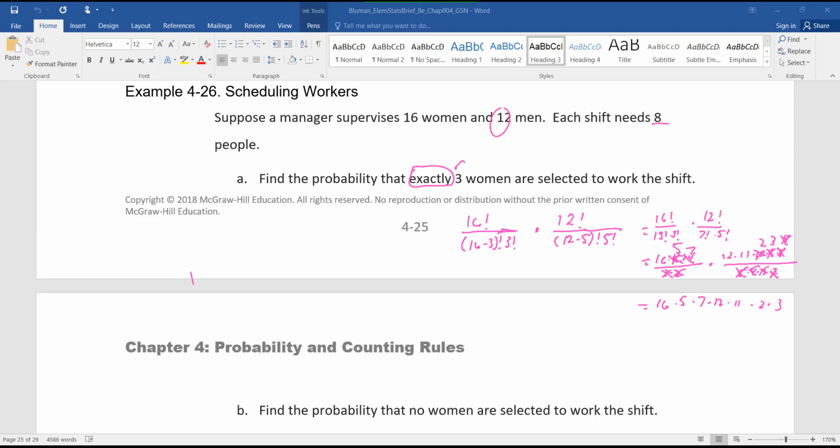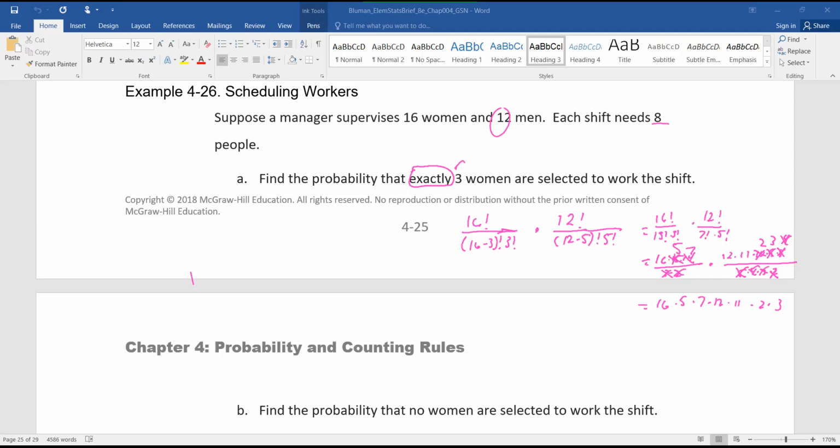Did y'all get the same answer? Yeah. All right. So it doesn't matter how we reduce as long as we're reducing correctly.